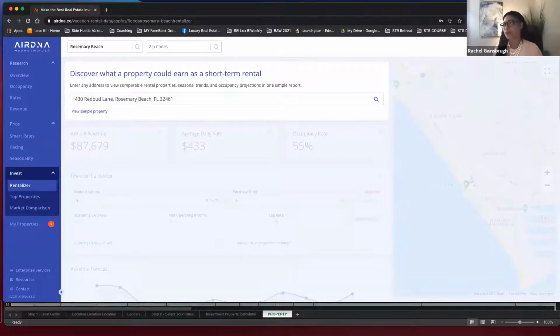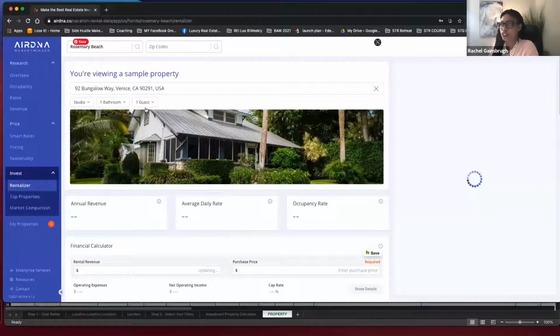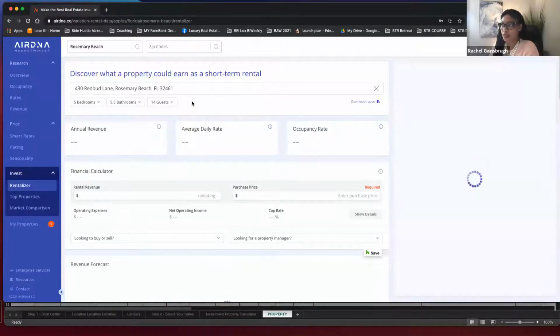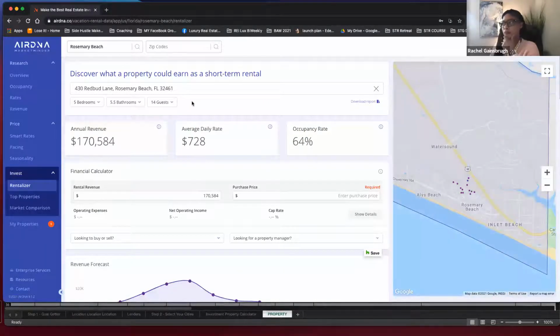And I'll show you what I look at. Okay, so I put in the address. It is a 5-bedroom, 5.5 bath, 14 guests. And once I update it, okay.